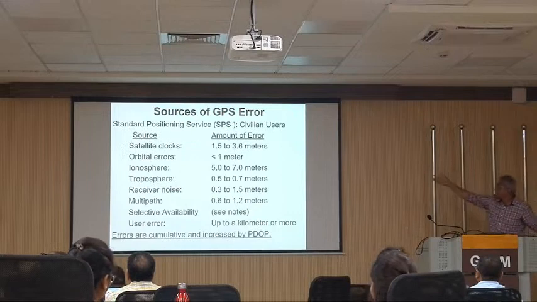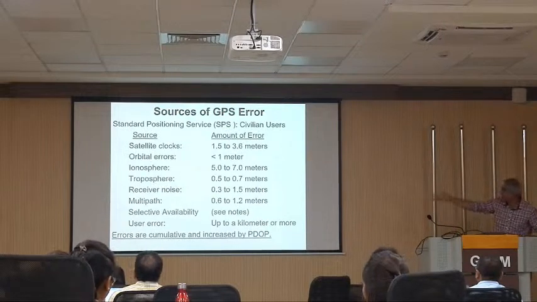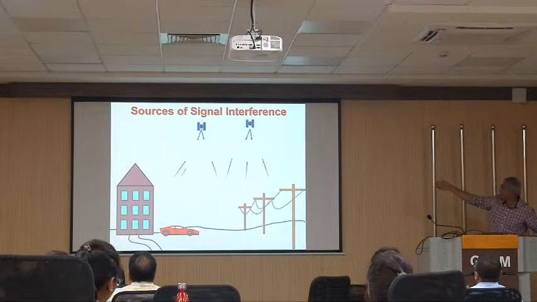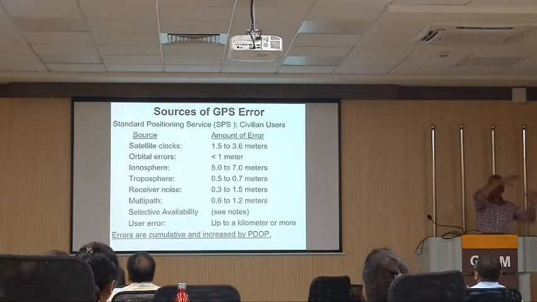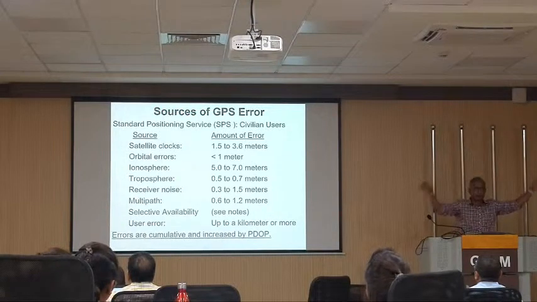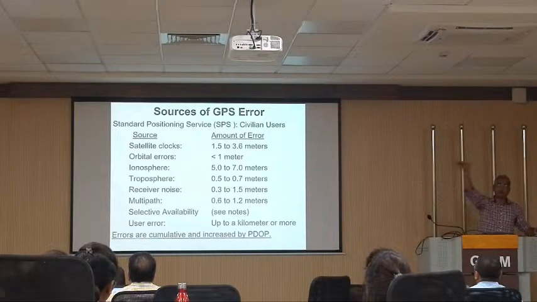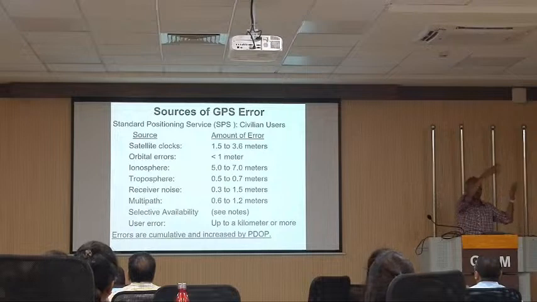Okay, so these are the sources of error, right? I'll not go in deep, like satellite clock error: every satellite has a predicted path, right? We all know that everything is known to us, so it has a predicted path, but it usually doesn't go along its predicted path. There are very minor variations to its path as well.